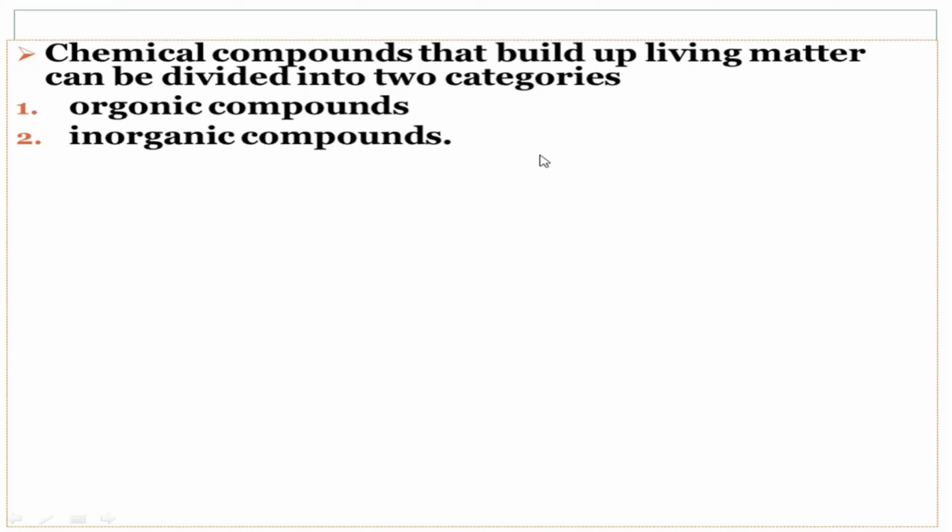Now in this slide, I will explain the chemical compounds that build up living matter, which can be divided into two categories. These chemical compounds are made by the combination of elements. The elements combine with each other to form the chemical compounds, which can be divided into organic compounds and inorganic compounds.